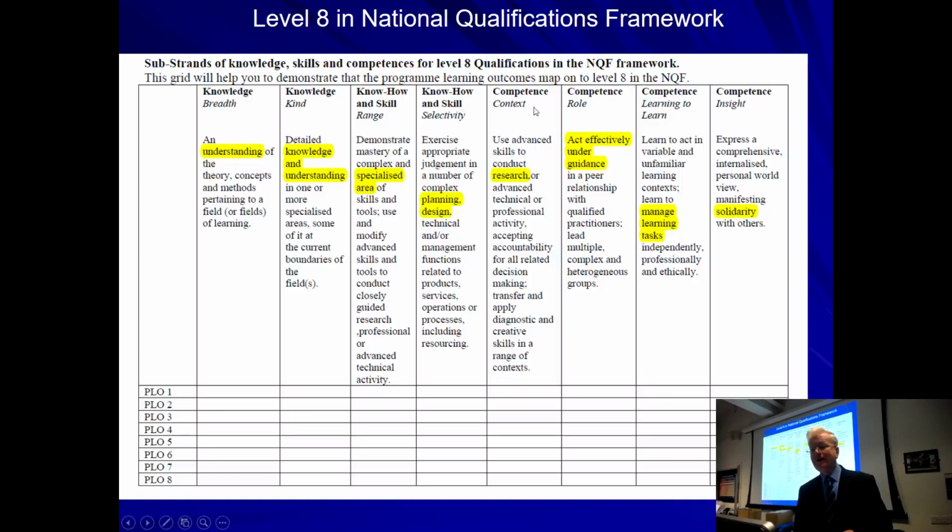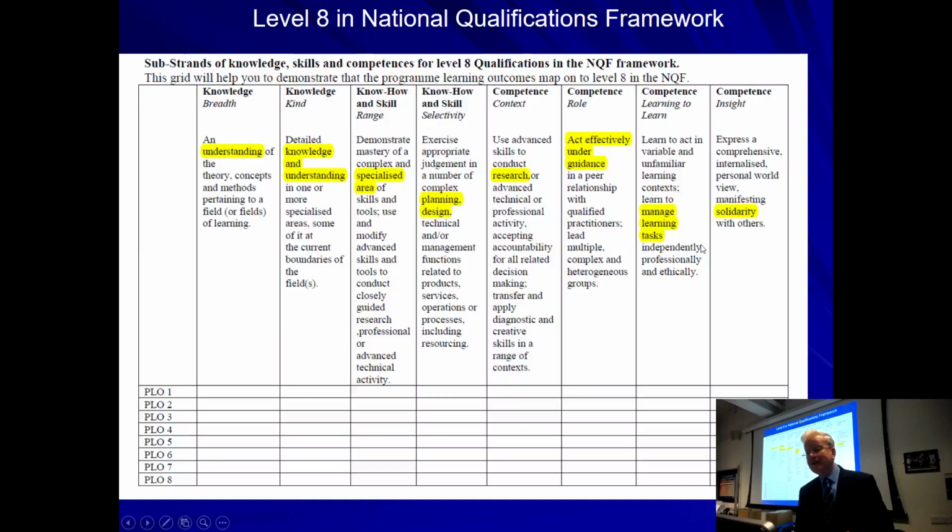Here are the 8 headings in the National Qualifications Framework for Level 8. Look at your programme learning outcomes and look at keywords here which I've highlighted. So, understanding of theory concepts, detailed knowledge and understanding, specialised areas, the ability in planning and design, carrying out research, being able to act effectively under guidance, say in project work, for example.